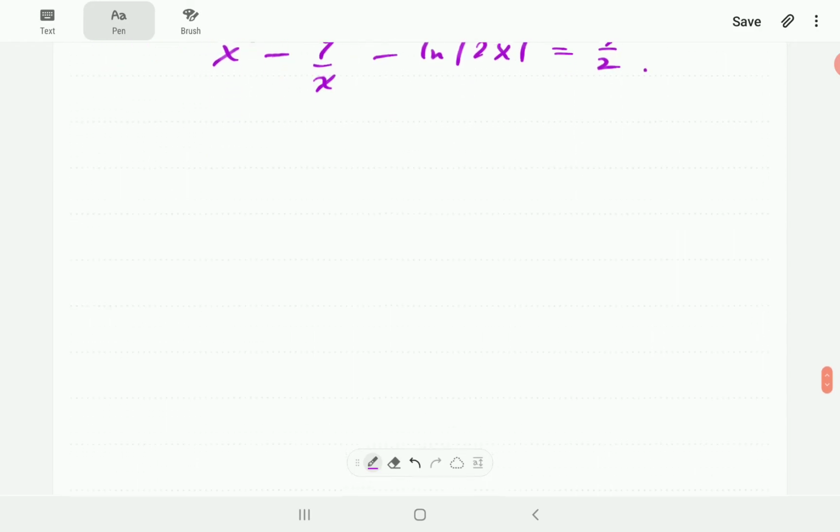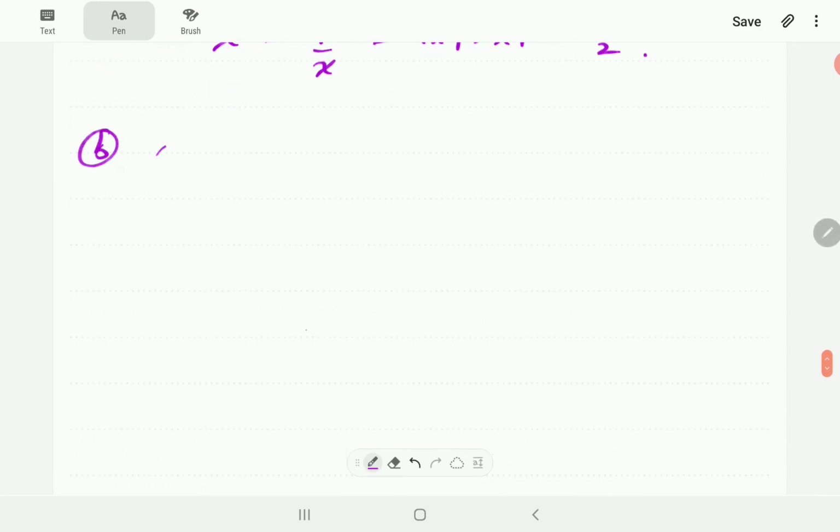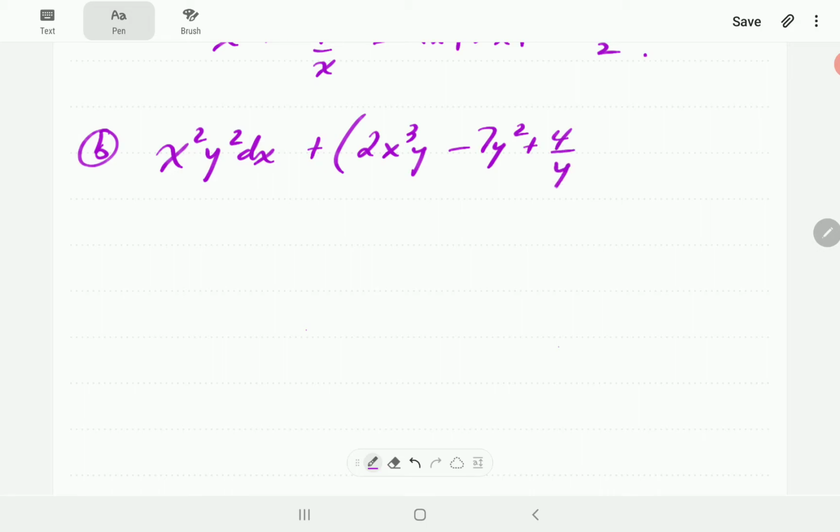So in the second one, in part B, we have x squared y squared dx plus 2x cubed y minus 7y squared plus 4 over y dy equal to 0.